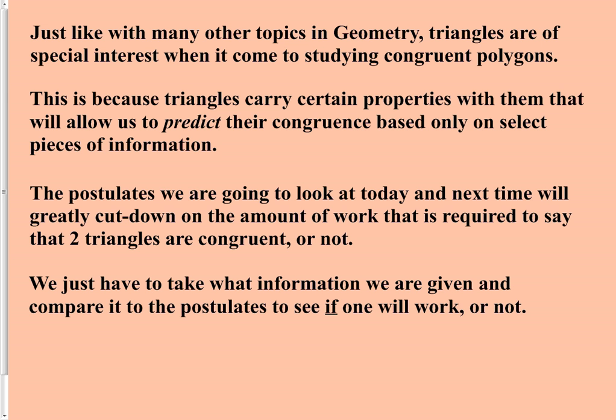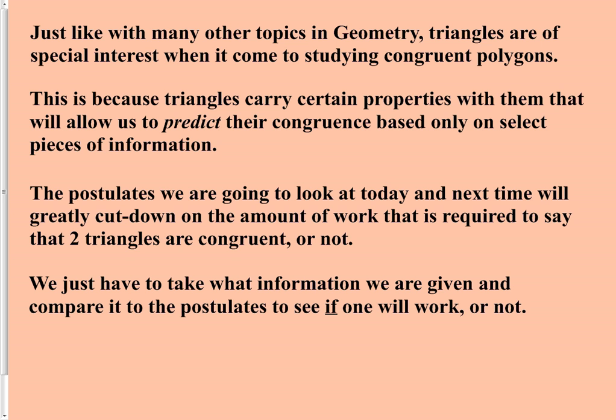But the thing that we discovered with triangles is that it's not necessary to prove every single set of corresponding sides congruent or every single set of corresponding angles congruent. If we could just prove a certain set or sets of sides congruent or a certain set or sets of angles congruent, then that would be enough for us to determine that two triangles are congruent or not.